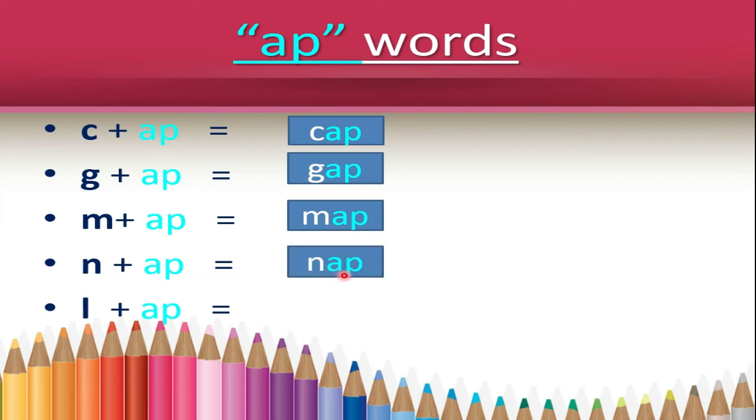N-A-P, nap. And when L is written at the beginning of AP, it forms lap. L-A-P, lap. Now we will read these three-letter words.